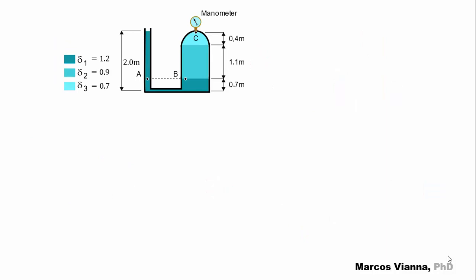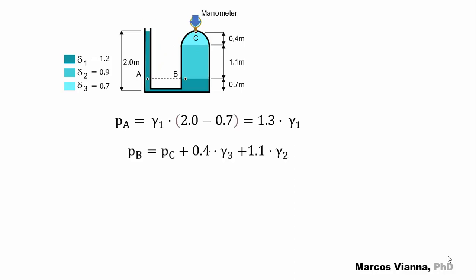Okay, another one. This device contains 3 immiscible liquids of different densities as shown. What will be the pressure in the manometer? We can see that PA equals PB. Starting from the free surface, we find this expression, and starting from the manometer, we find this expression.